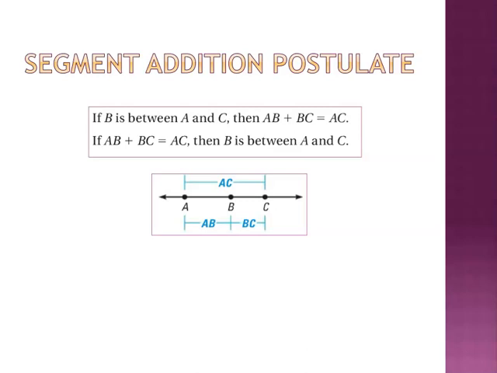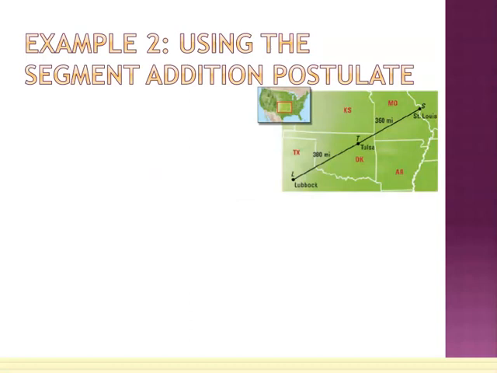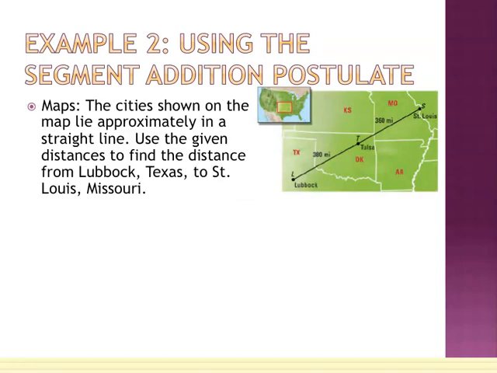All right, take a look at example 2. The cities shown on the map lie approximately in a straight line. Use the given distances to find the distance from Lubbock, Texas to St. Louis, Missouri. Okay, so now we can see how Tulsa is between Lubbock and St. Louis.